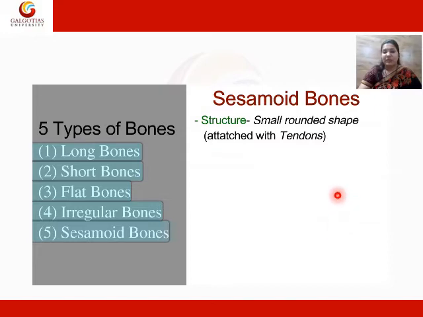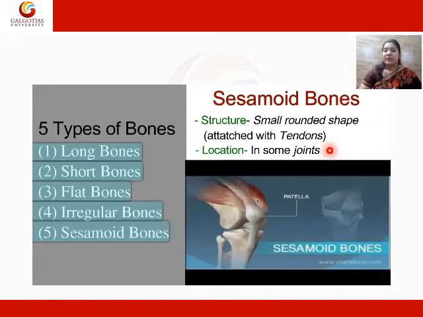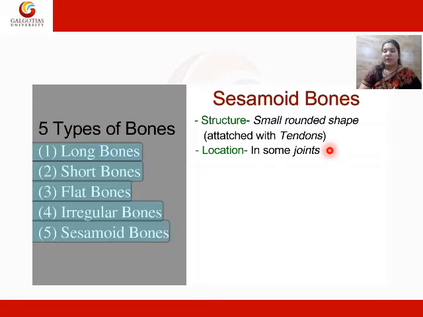Last is the sesamoid bone, which is small and rounded in structure, and they are attached to a tendon. The location is underneath the thumb joint. They are always found under a joint and are attached to a tendon. The patella is a peculiar example of a sesamoid bone, and it is attached to the quadriceps muscle tendon to form a pulley during the leverage system of knee extension and flexion.